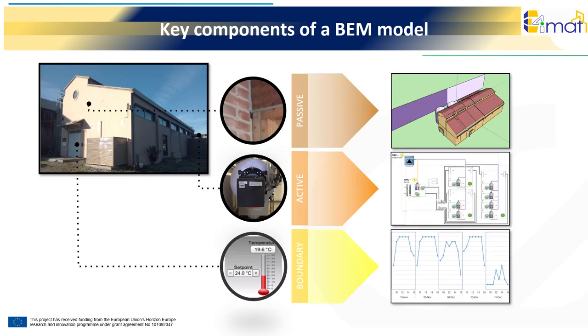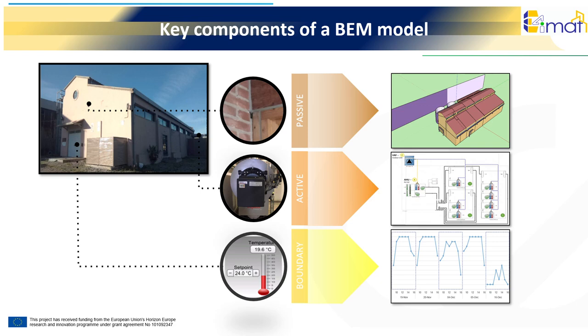To achieve this, we translate the building physics into mathematical models that can perform time series simulations. The key components of a building energy model are the essential inputs and structures that define inside the simulation environment how a building behaves thermally and how it uses energy.